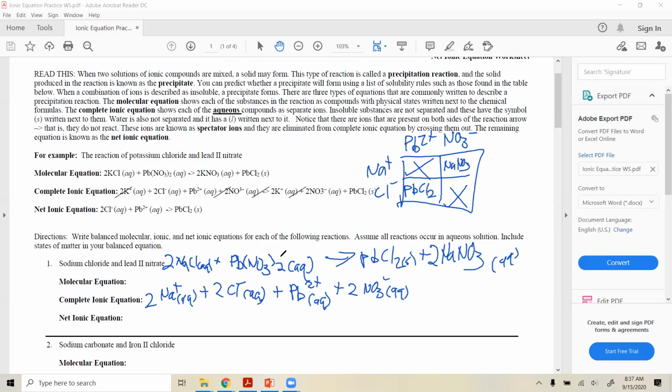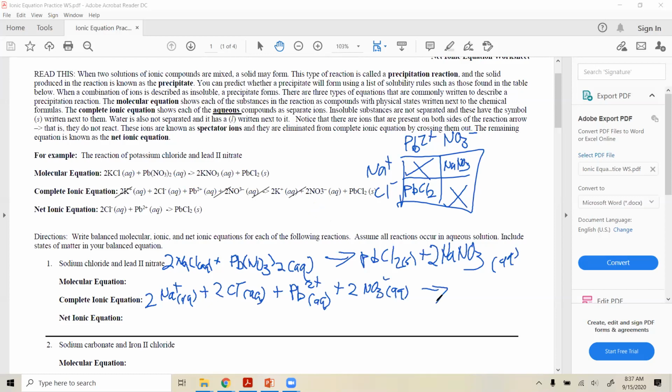And remember that nitrate doesn't show up as NO3 2 minus, which would imply all of that is stuck together as 1 unit. It really shows up as 2 separate nitrate ions.